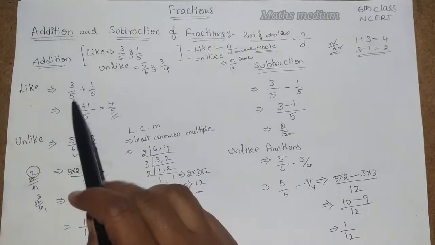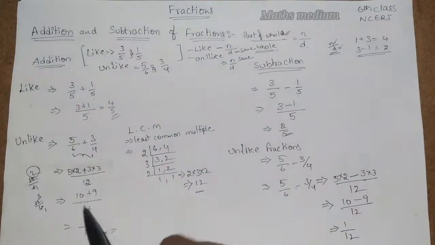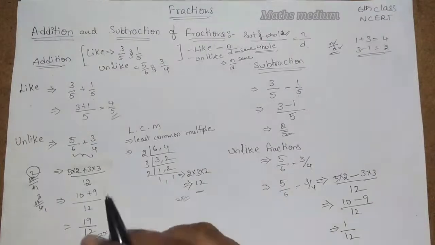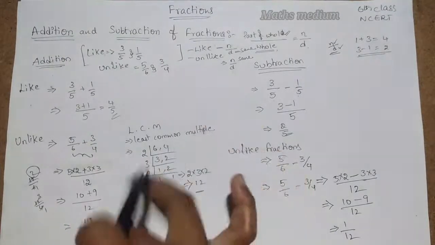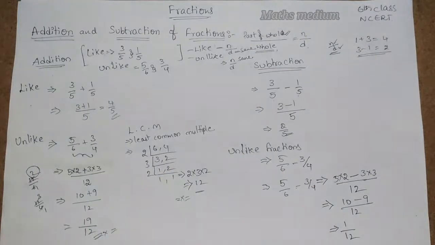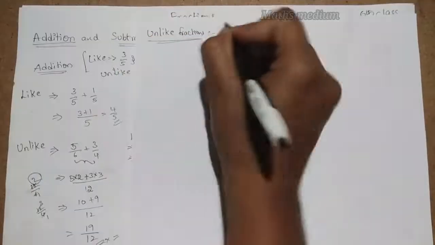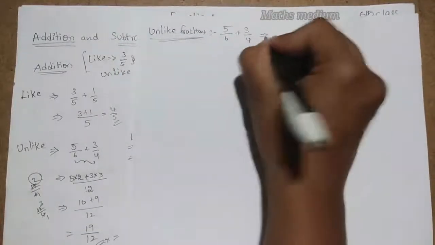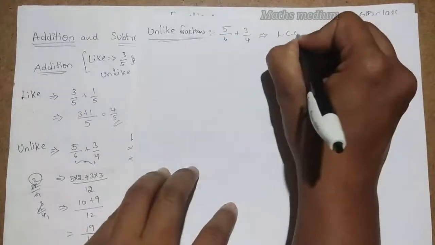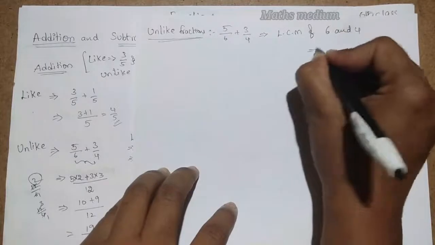See, this is one method to find addition and subtraction of unlike fractions, the LCM method. I will give you another method to find addition and subtraction of unlike fractions. Let's take a look at that method. Now if you take the same unlike fractions, given 5 by 6 plus 3 by 4, here we get the LCM of 6 and 4, that is 12.